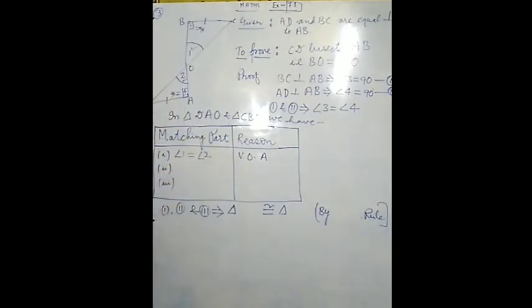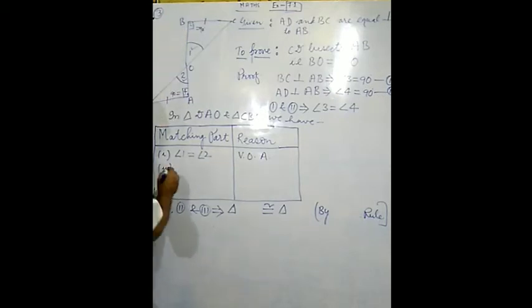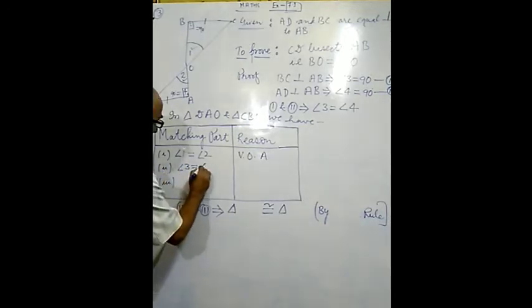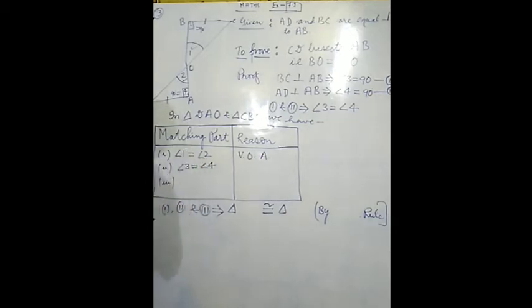First matching part. Now go. Angle 3 is 90 degrees and angle 4 is also 90 degrees. What are the matching parts? Angle 3 of the upper triangle equals angle 4 of the lower triangle. Why?